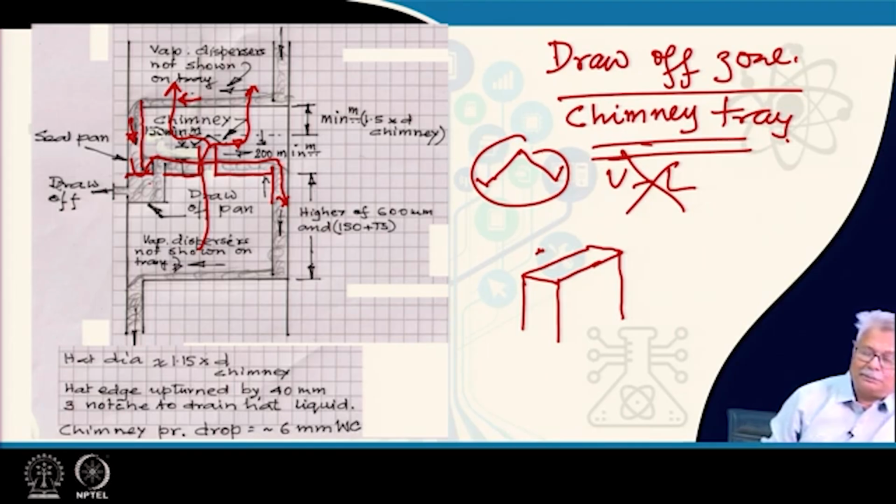Now, you have talked about the chimney tray being the draw-off tray. So, what happens is I have to draw from a pool. So, how is the pool created? If you look at this particular section, I will remove this particular drawing, this part.